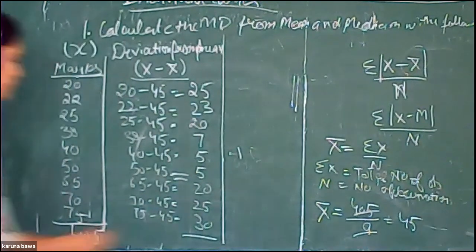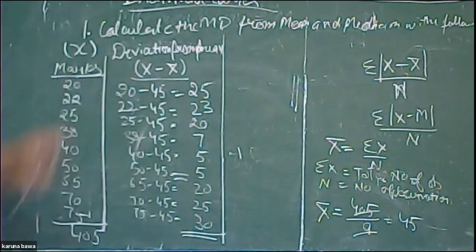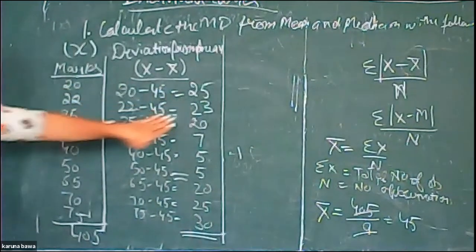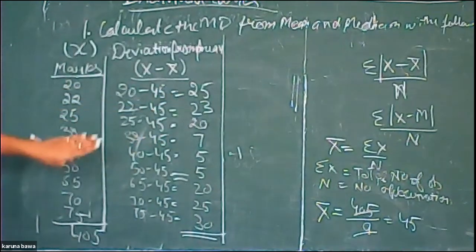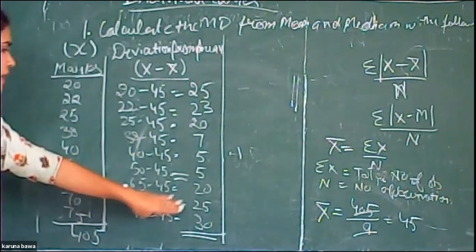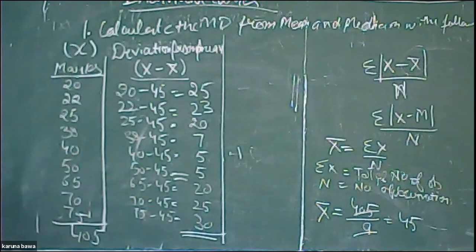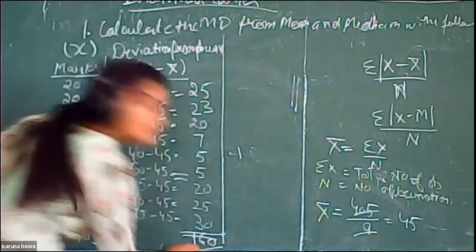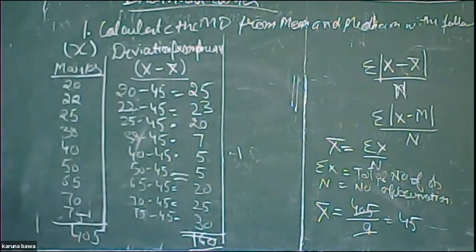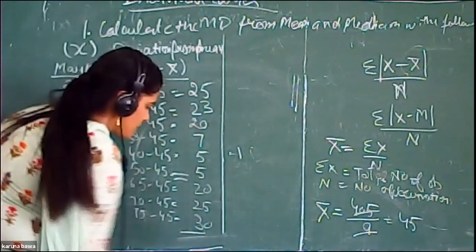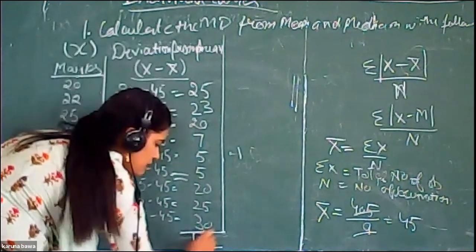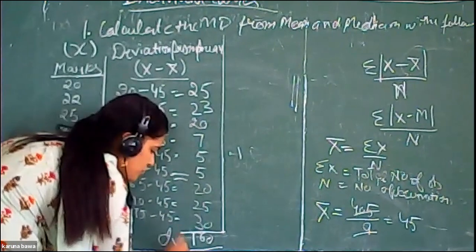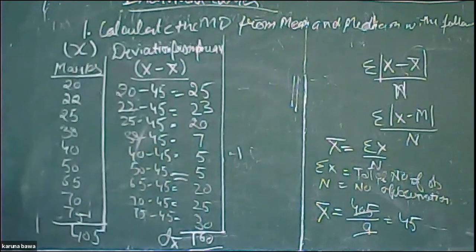And the total of all the values is 25 plus 23 plus 20 plus 7 plus 5 plus 5 plus 20 plus 25 plus 30. The total of the values is 160. Now we fill in the formula.